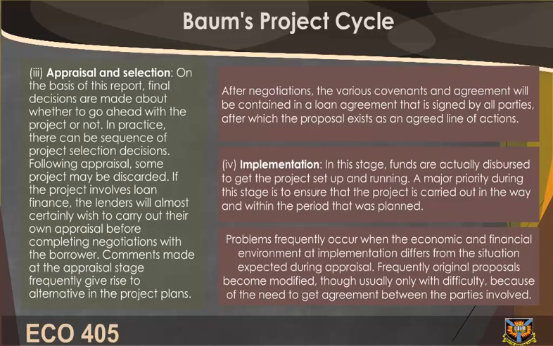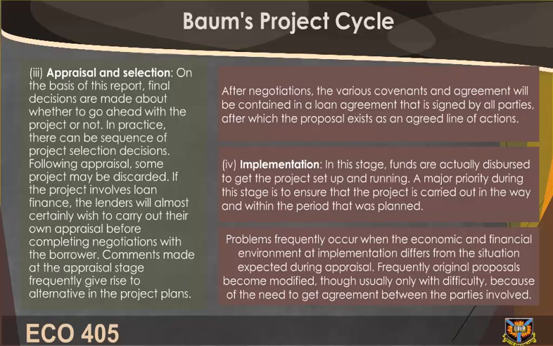3. Appraisal and selection. On the basis of this report, final decisions are made about whether to go ahead with the project or not. In practice, there can be a sequence of project selection decisions. Following appraisal, some projects may be discarded. If the project involves loan finance, the lenders will almost certainly wish to carry out their own appraisal before completing negotiations with the borrower.